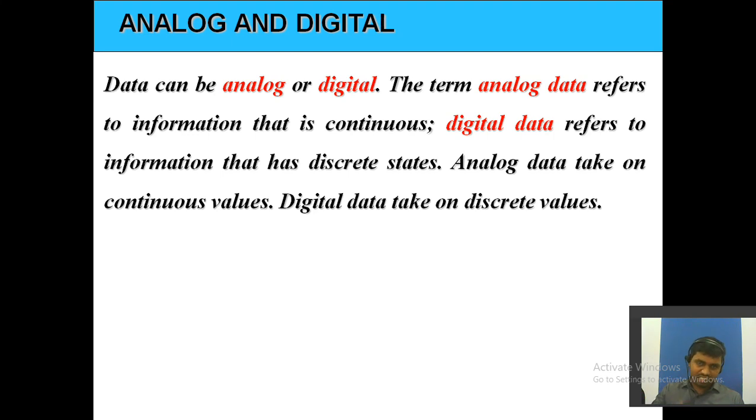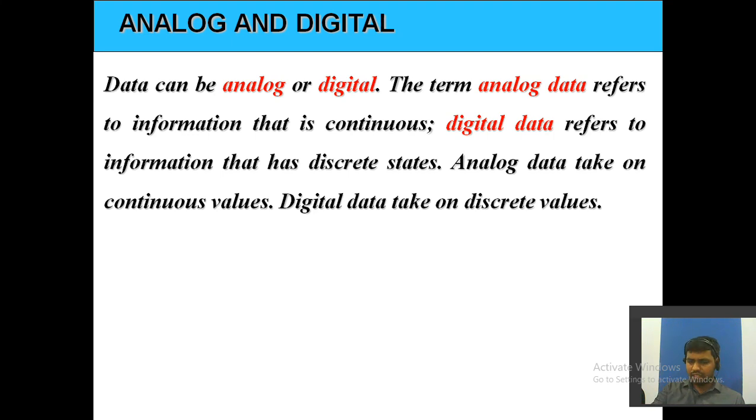But here in computer networks, we don't want to concentrate on this topic very much. So I'm simply saying analog takes the information in a continuous format, and digital takes the information in a distinct format.